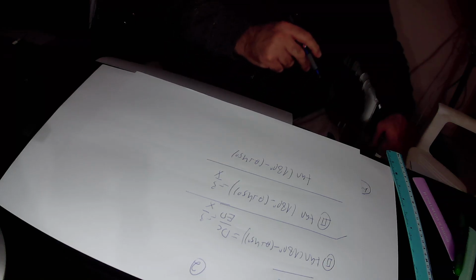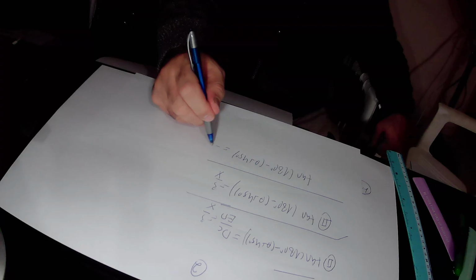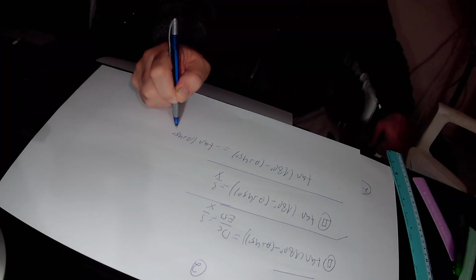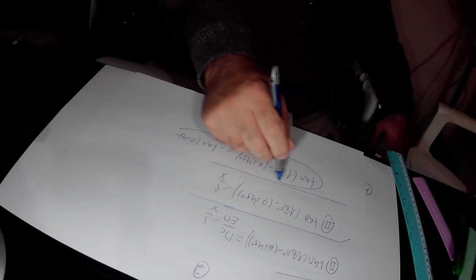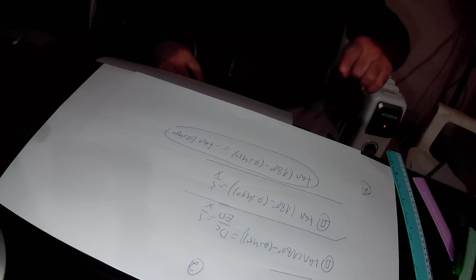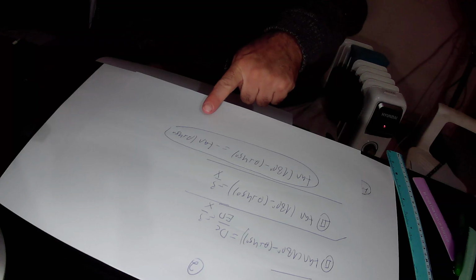According to the trigonometric identity that I presented to you, it is equal to minus tangent of (theta plus 45 degrees).